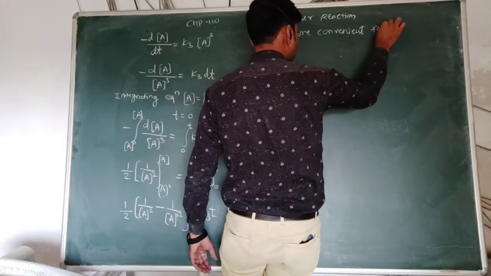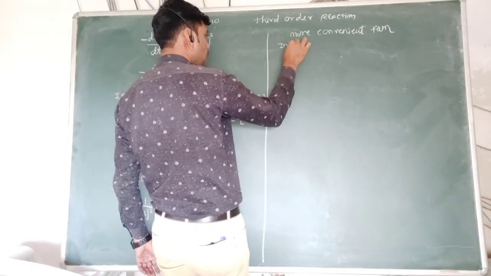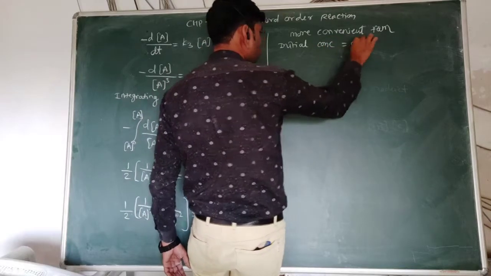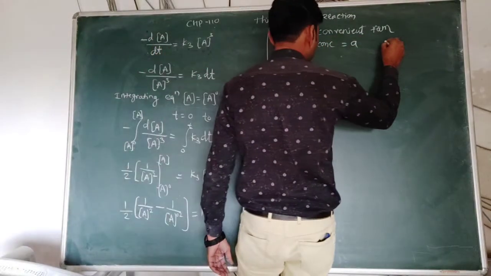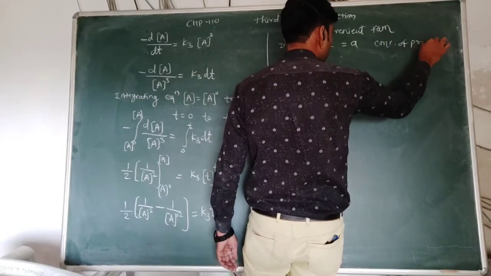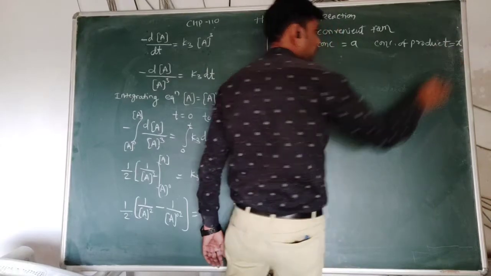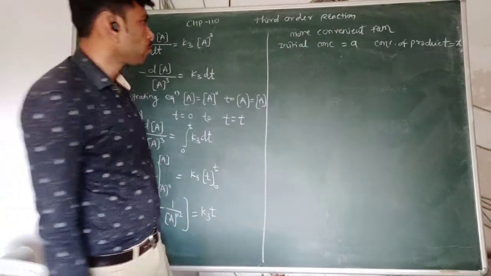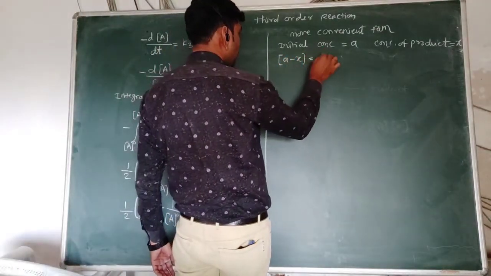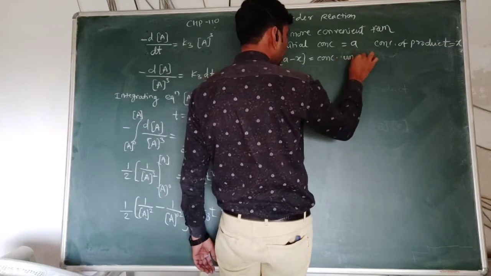We consider the initial concentration of reactant equal to A, and the concentration of product represented as X. X is the concentration of product, and A minus X represents the concentration unreacted at time t.